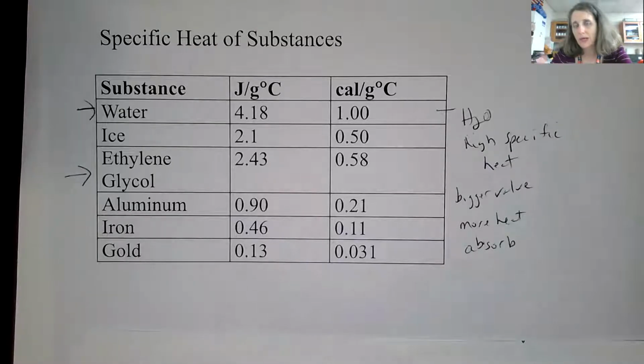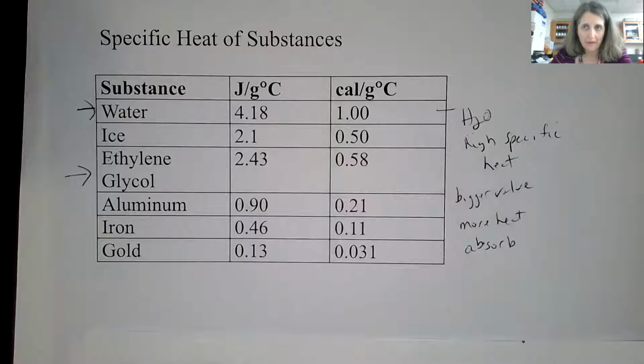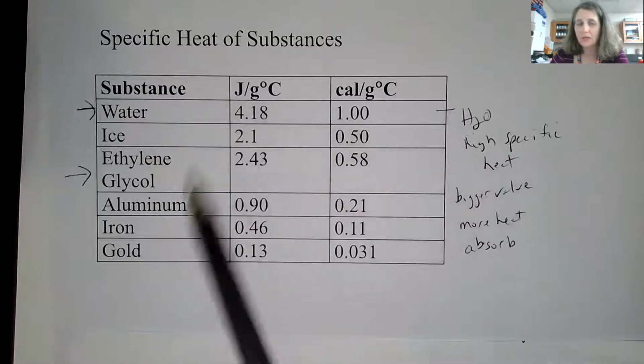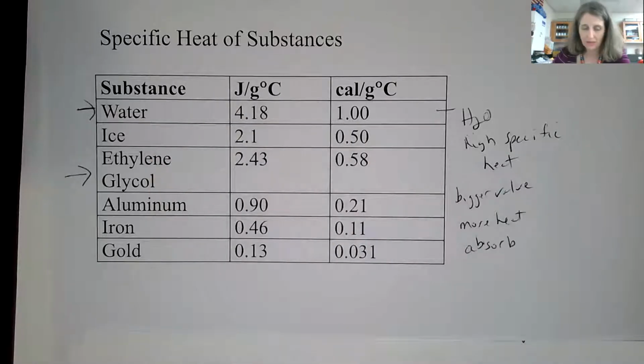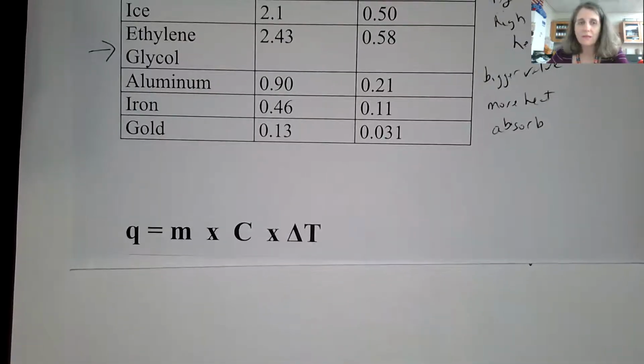So that is why they talk about, closer to the lake, sometimes the temperature of the air is different because of that big body of water. So water is one of the higher specific heats that we have. There are probably other substances out there that have higher ones, but please notice that compared to other things, it is highest. So we're going to use specific heat, and we're going to use this very famous equation.